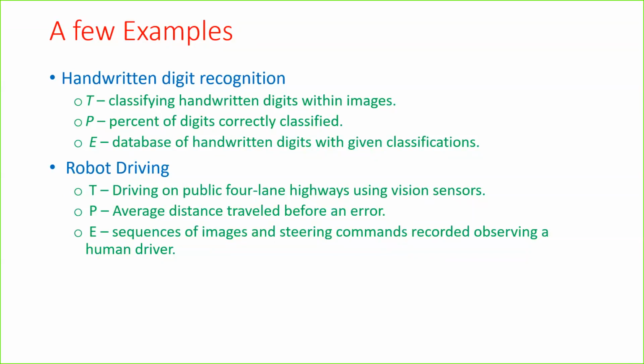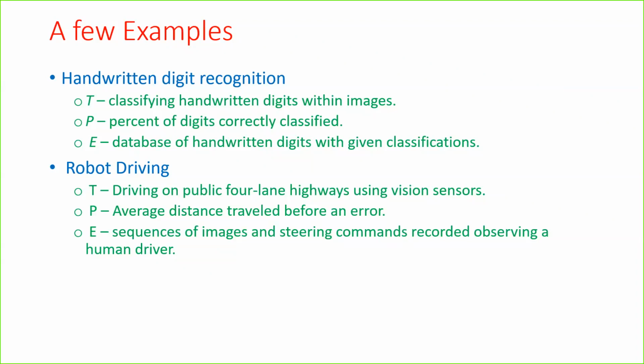Performance measure. How can you say that the machine is learning this task of handwritten digit recognition? How do you judge its performance? The percentage of digits correctly classified is the performance measure, and the experience is the database of handwritten digits with the given classifications. Similarly, take robot self-driving cars, you might have heard of it, right?